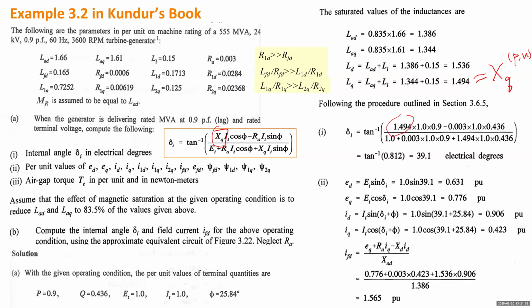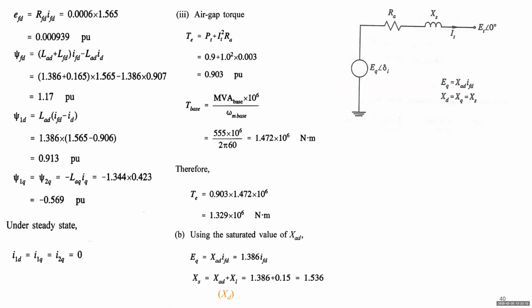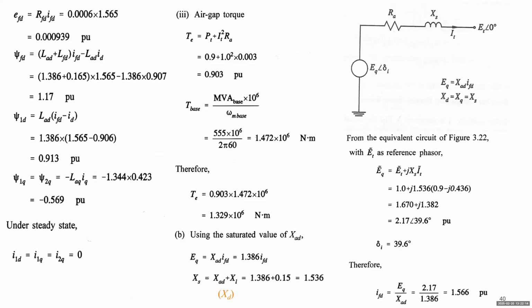So here we also use SQ. We didn't use SD. So the first one will be SD in per unit. Okay, any other question? Yeah, let's move to the dynamic.